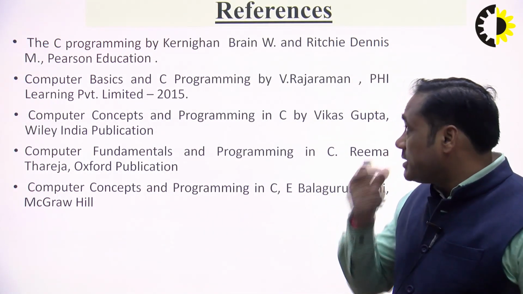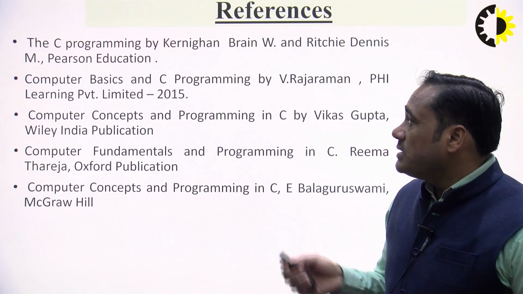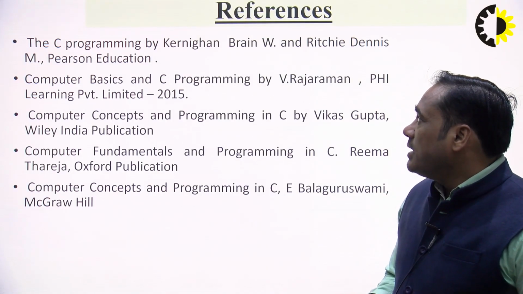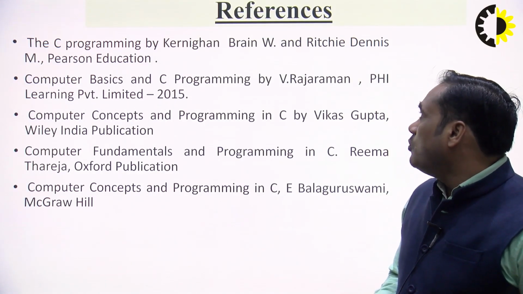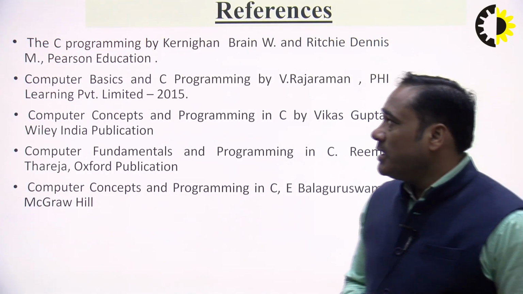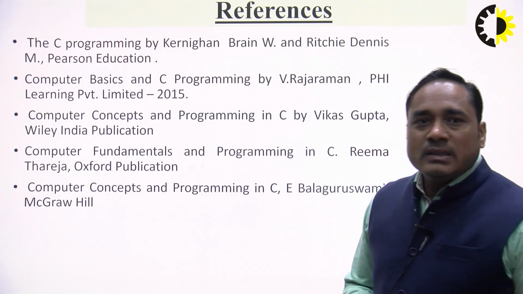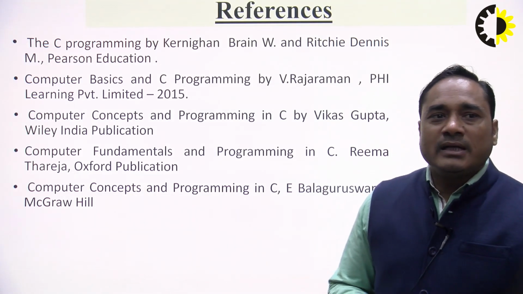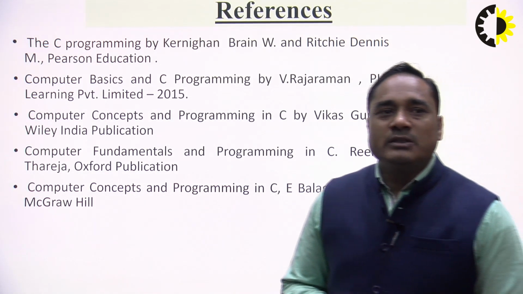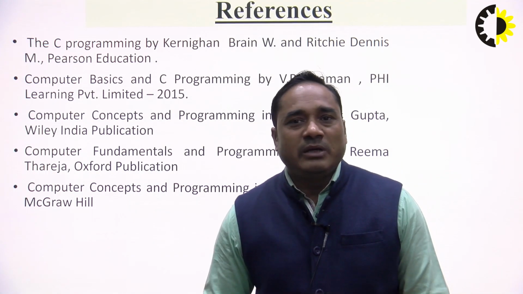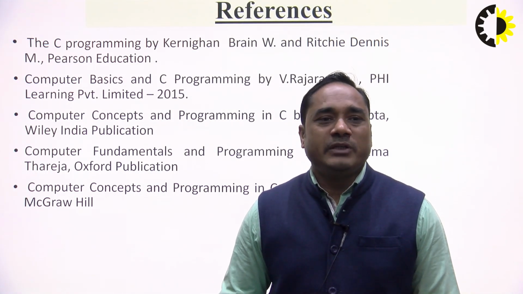In C programming, if you are going to use some important books, these are the books in the C language. The first book is The C Programming Language by Kernighan, Brian W. and Ritchie, Dennis Ritchie, by Pearson. The next book is by V. Rajaraman, a very popular book, published by PHI in 2015.